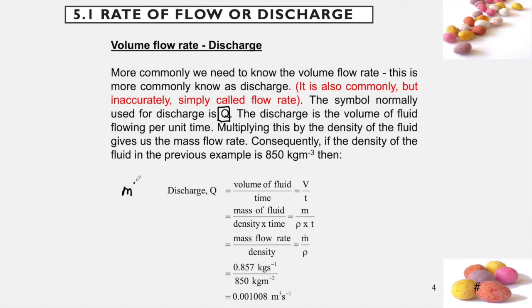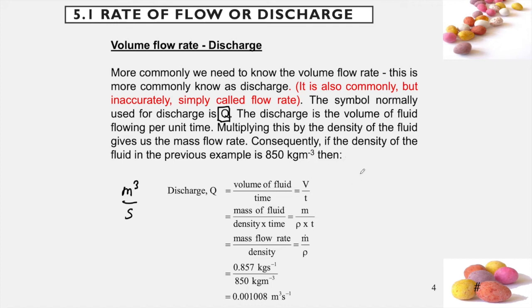So meter cubed is volume, divided by the time taken. So volume of the fluid divided by time, V over time, and here we have mass of fluid divided by density times time.